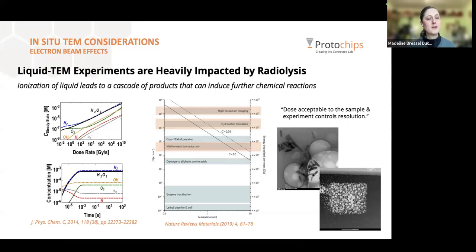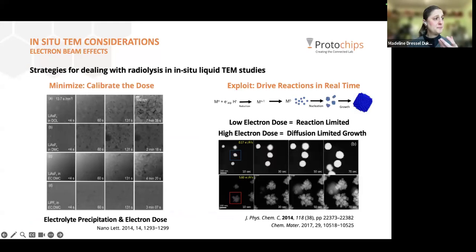And what they've done here is they've imaged for a while at a dose rate sufficient to reduce these ions, and they've preferentially grown on the surface of the silicon nitride window. When they zoom out to a lower dose, that slows the growth down because, of course, the dose is much lower. But you can see the square really nicely where the beam was and where that higher dose was. And so that's something you have to really think about when you're developing these experiments.